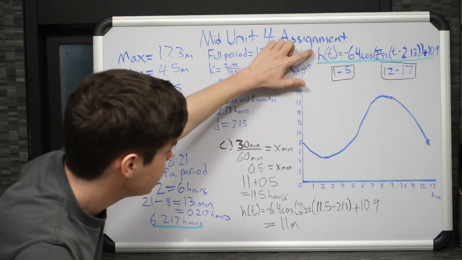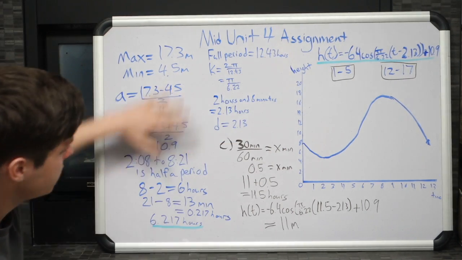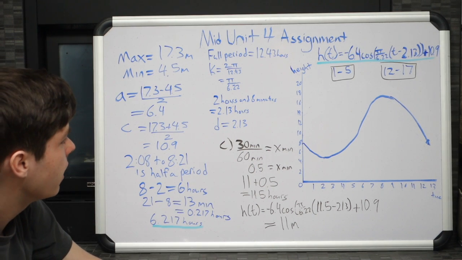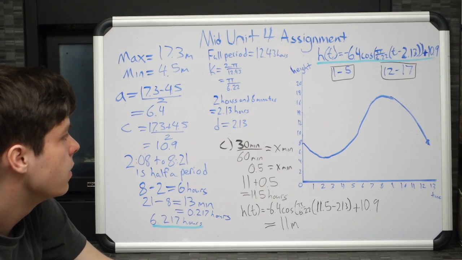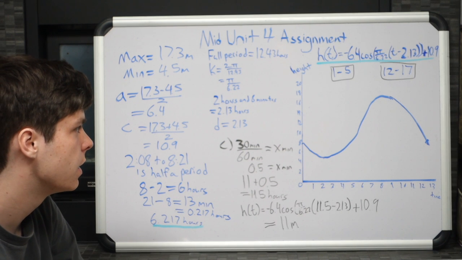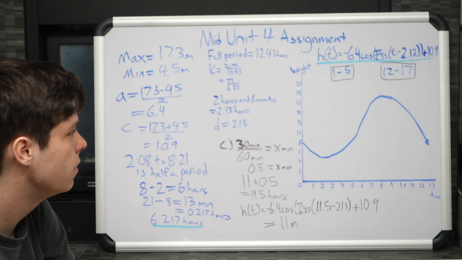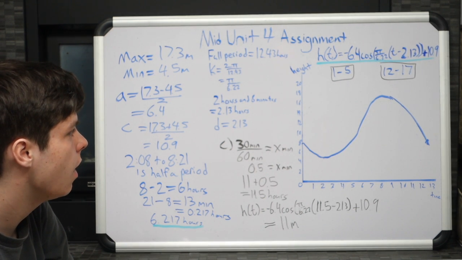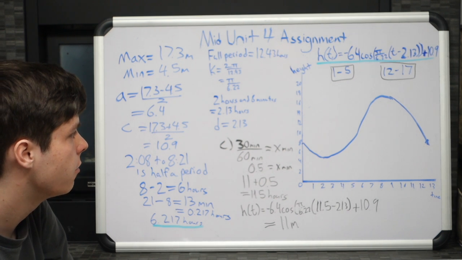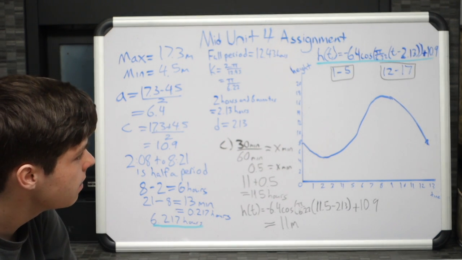And then here is the equation we get when we compile all this information together. So you got y equals negative 6.4 cos, and then in brackets pi divided by 6.22, and then in smaller brackets t minus 2.13, brackets plus 10.9.